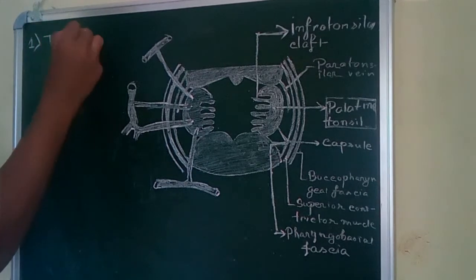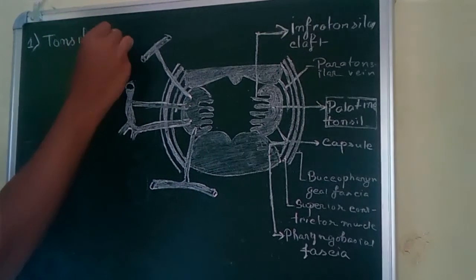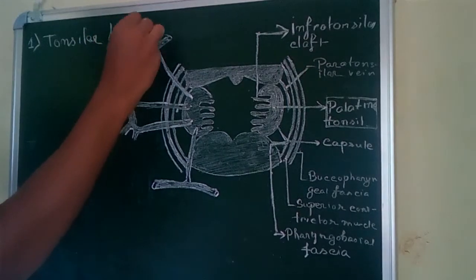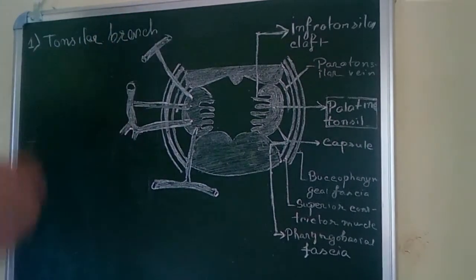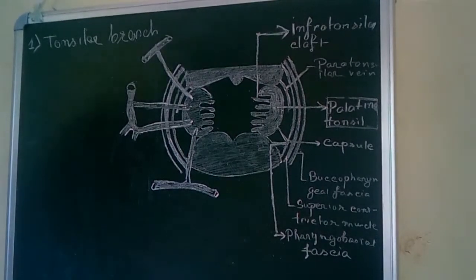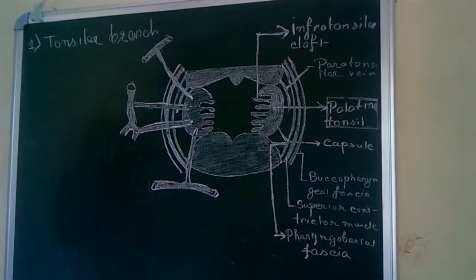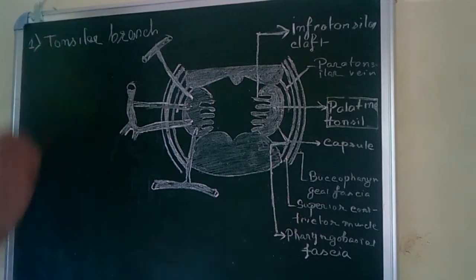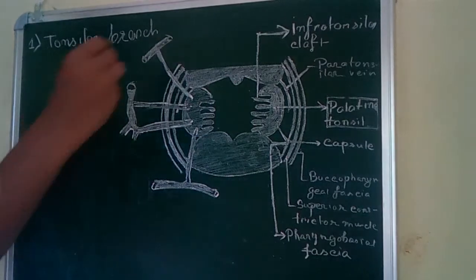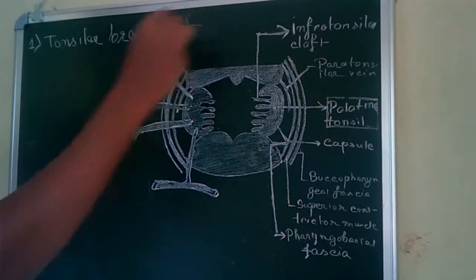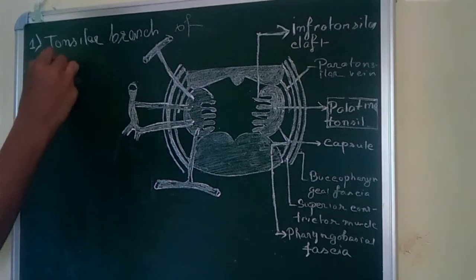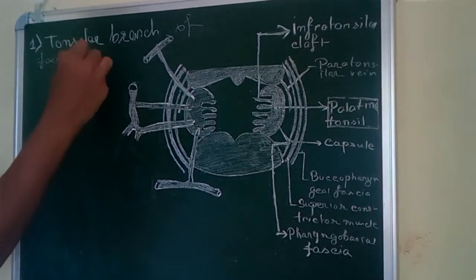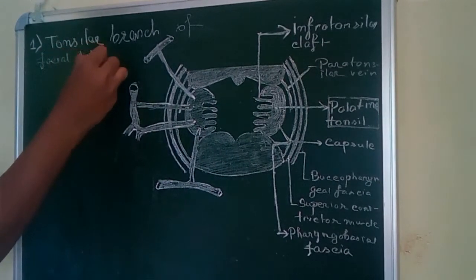So the different arteries which supply the palatine tonsil: number one is the tonsillar branch of the facial artery. Tonsillar branch of the facial artery.